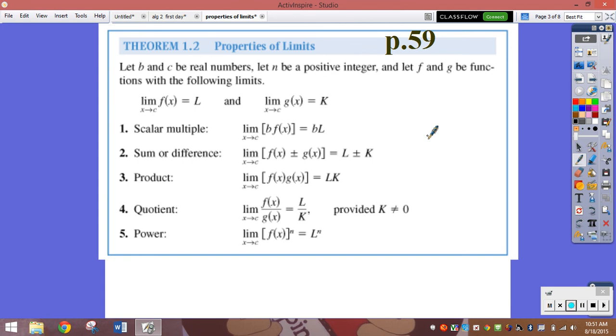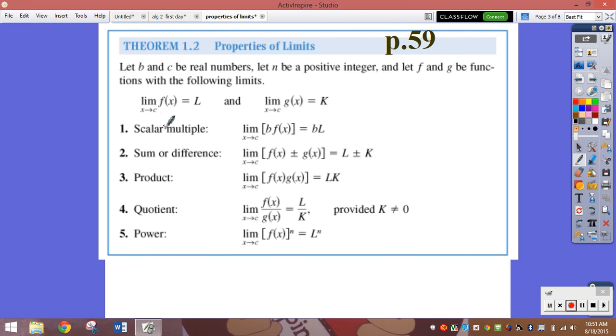Our properties of limits as far as being able to add, subtract, multiply, divide, things like that are listed here. Again, we're letting b and c be real numbers, n a positive integer, and f and g be functions with the following limits. So let's say they told you that the limit of this function equals L and the limit of this function equals K. And so what we're going to do is use L and K to represent these properties.